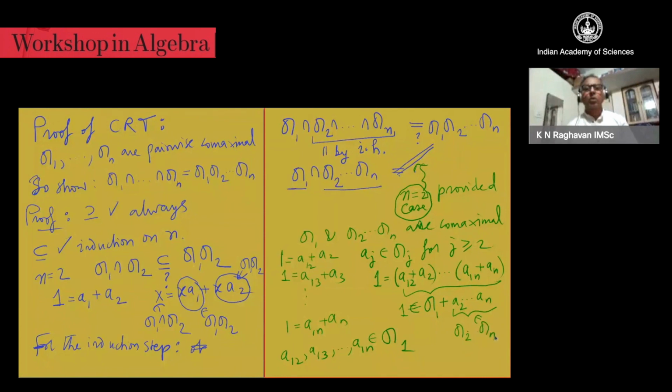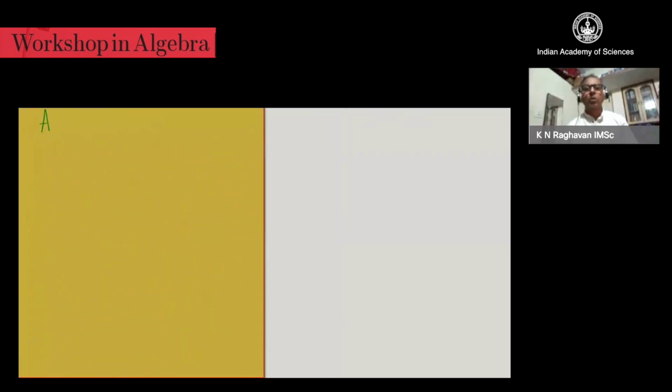Okay, let me change color. So we had A by A1 intersect through AN. Let me write it in the order in which I wrote it: A2 through AN, that product.